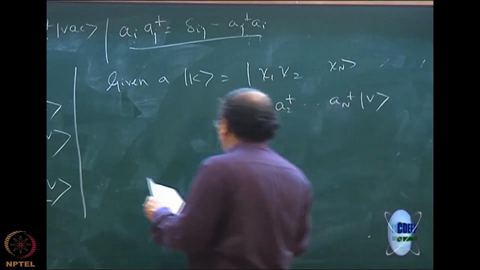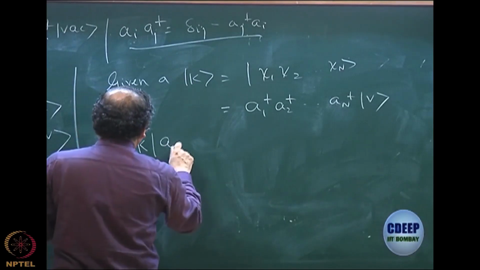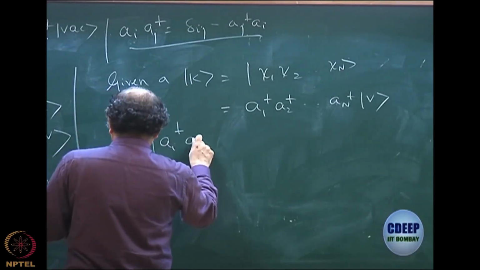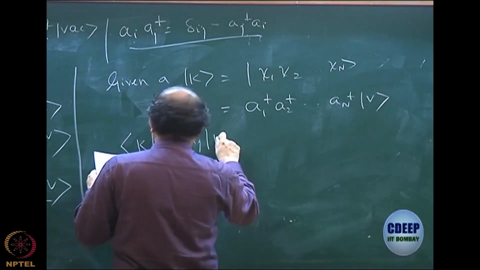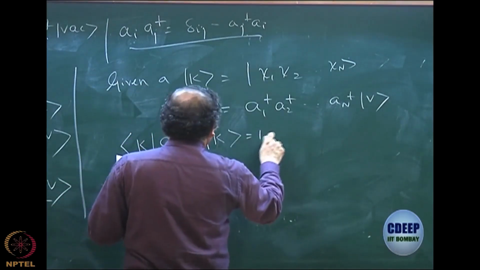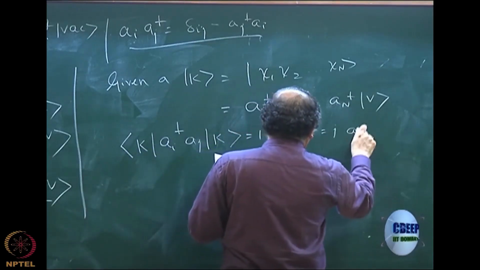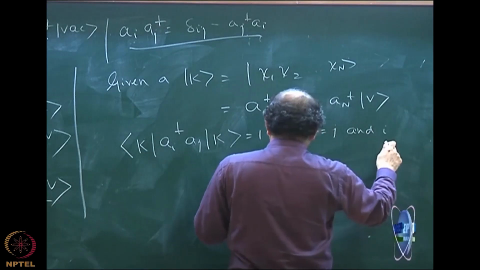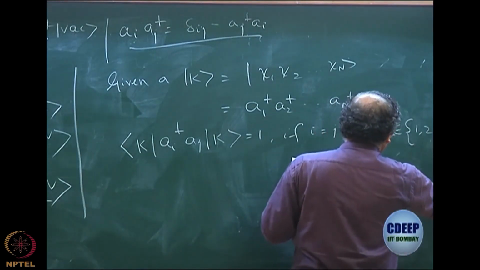Now we want to show that K A_i dagger A_j K equal to 1 if i is equal to j and that orbital i is included in the subset of 1 to n.